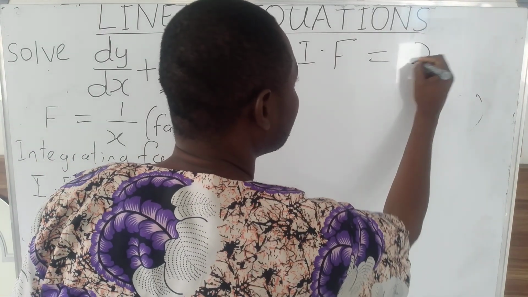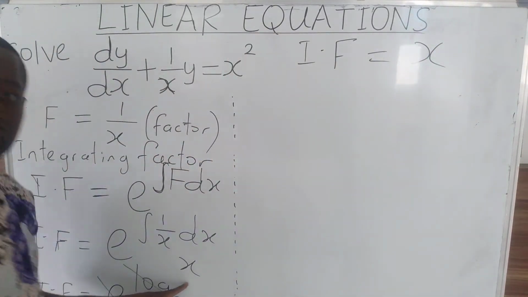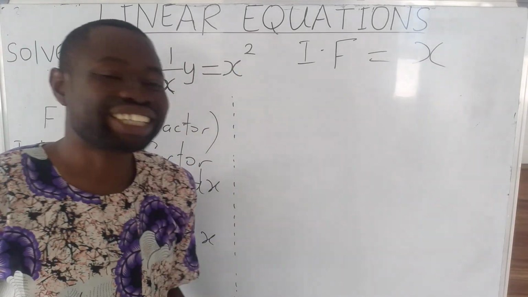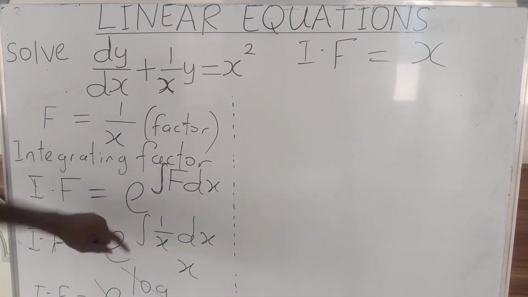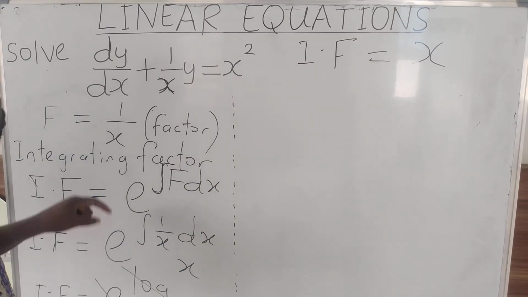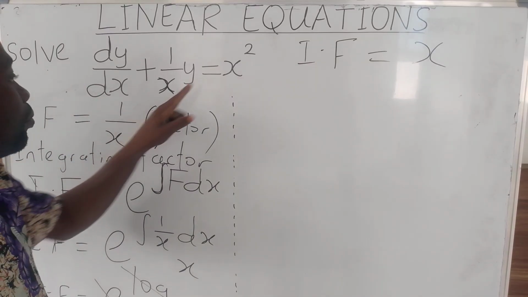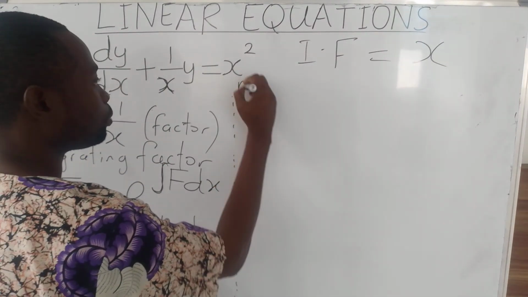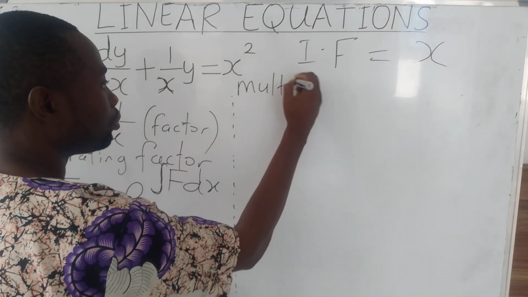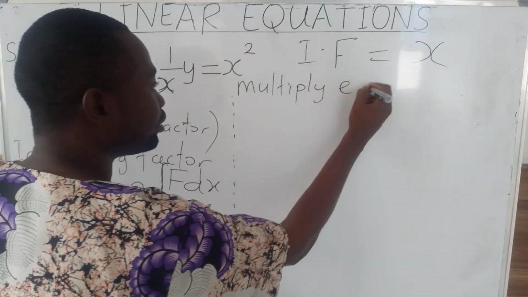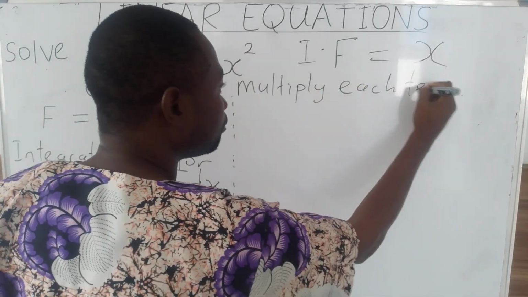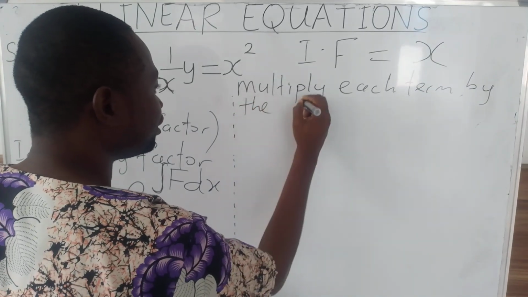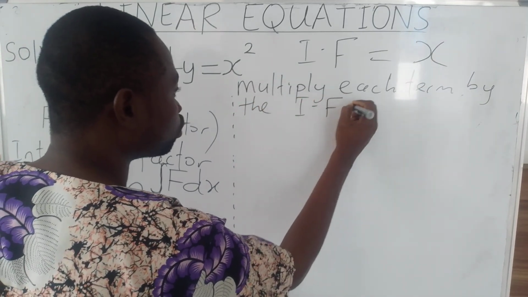After you have gotten your integrating factor, the next step is that you go back to the original question. You will now multiply each term by the integrating factor.